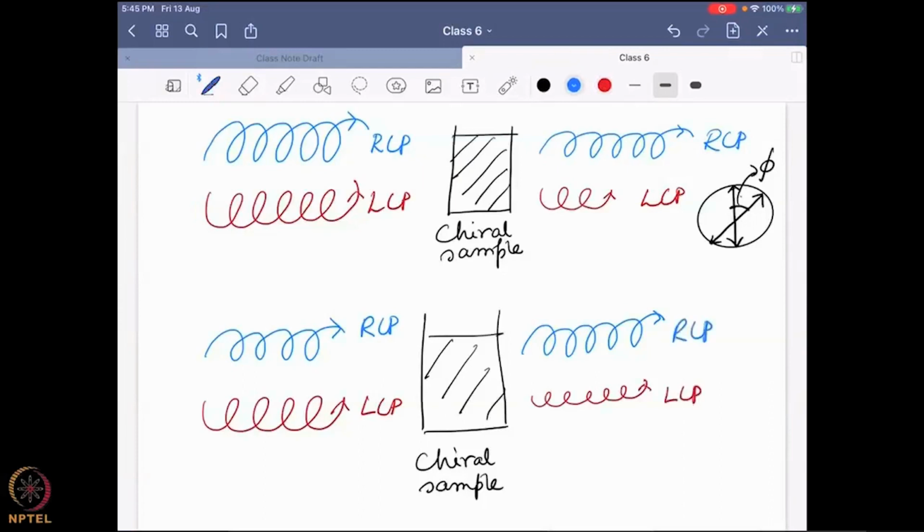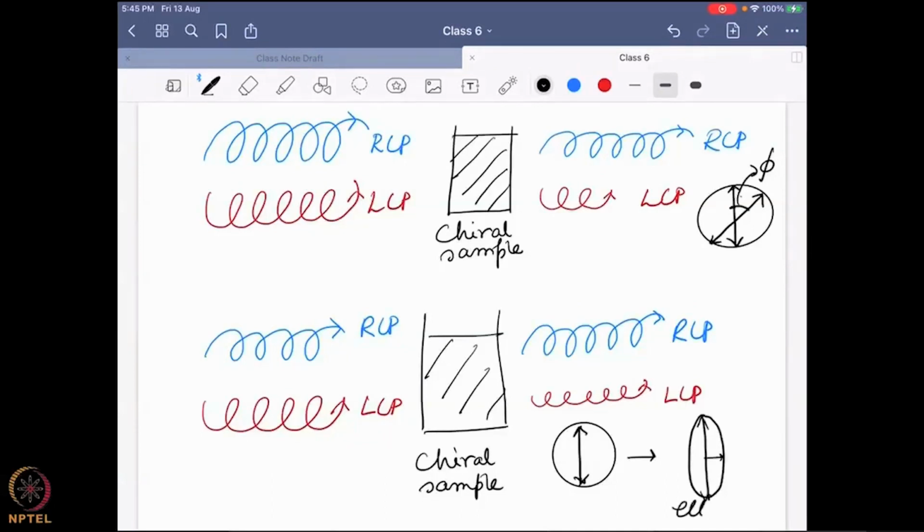In that case, we find that what was before a very nice plane polarized light, as a superposition of RCP and LCP, later on transforms into an ellipse.